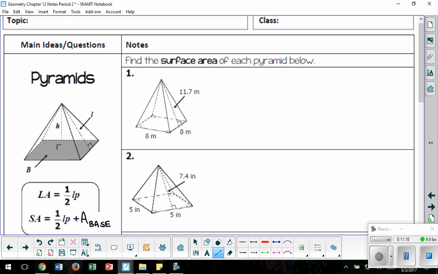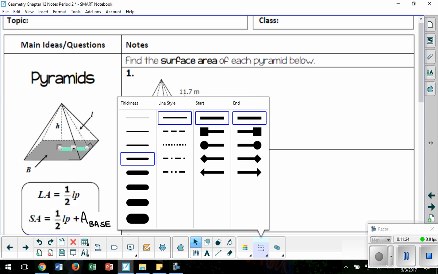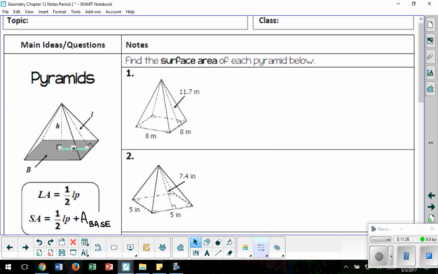What will happen is you will connect this line right there. Okay, and the height that goes from the vertex at the top down to this line right here will connect to the slant height.